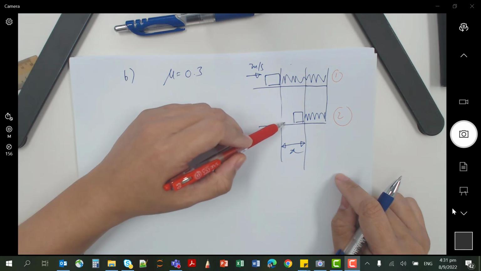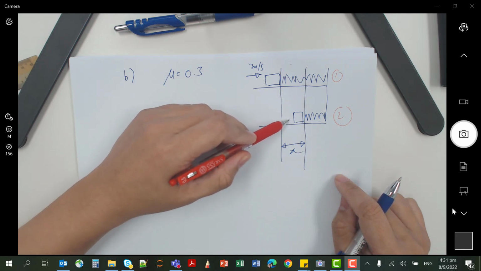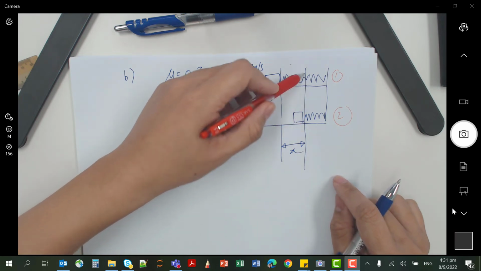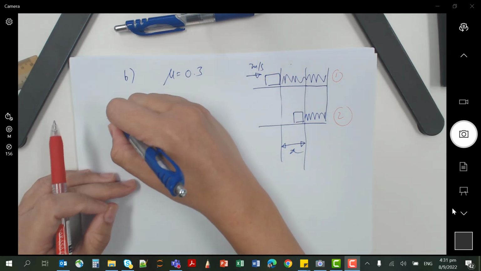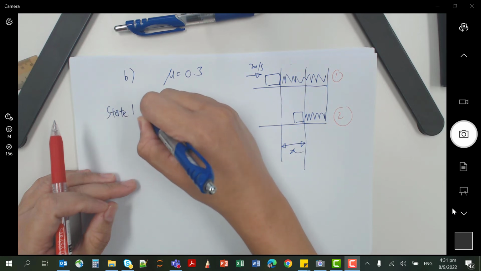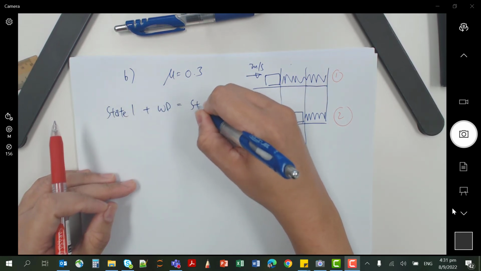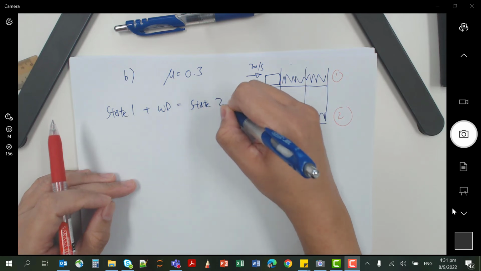So there is work done by the friction. We can do the same thing, but this time we have to do state 1 plus work done equals state 2.